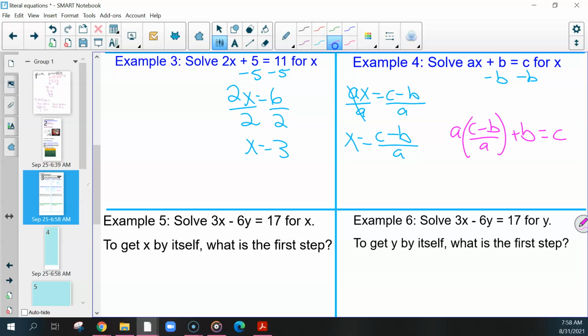When I put in this equation, these cancel. Leaving me with C minus B plus this B. These cancel. Leaving this C and this. Any questions about that one?